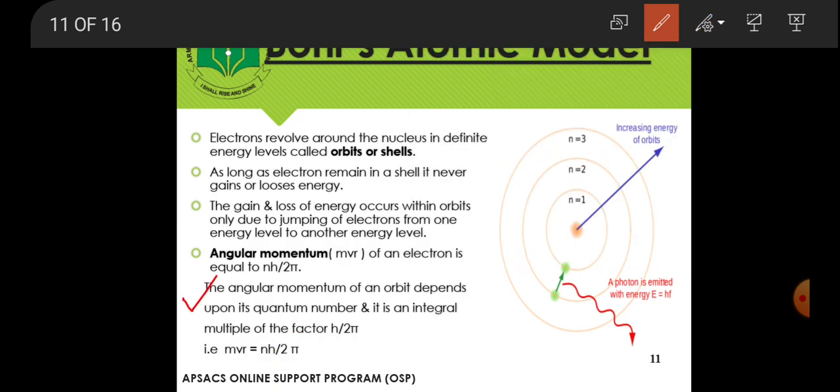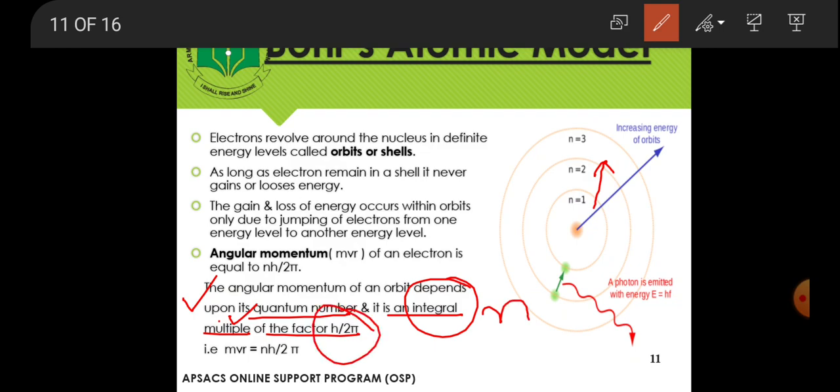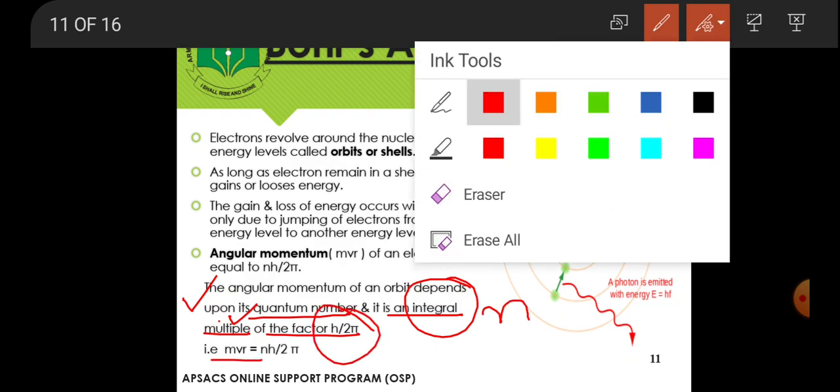So the angular momentum of an orbit depends upon its quantum number. As the quantum number changes, the angular momentum also changes, and angular momentum is an integral multiple of the factor h over 2π. It means when we multiply an integer, that is n, with this constant factor, we get angular momentum mvr.